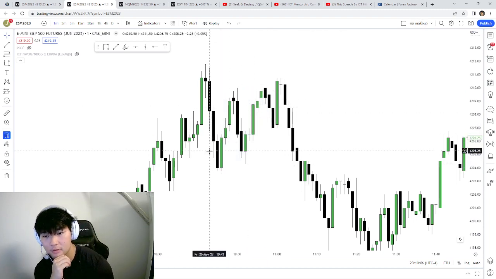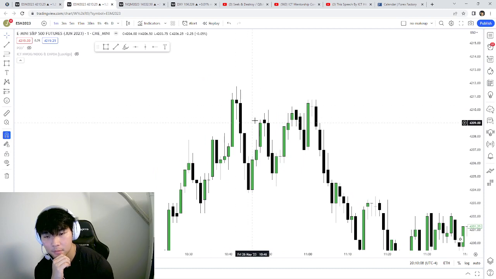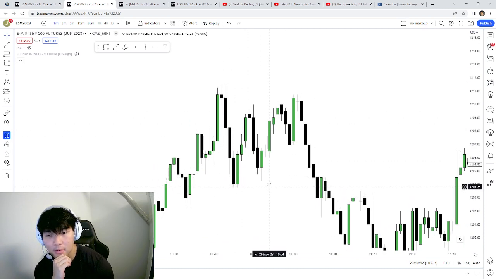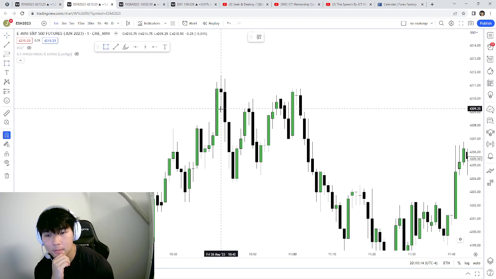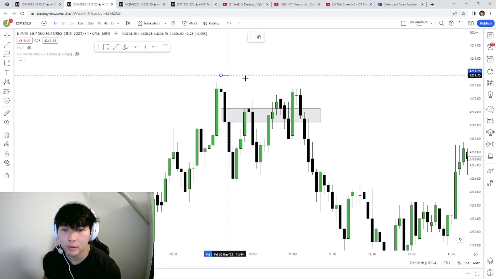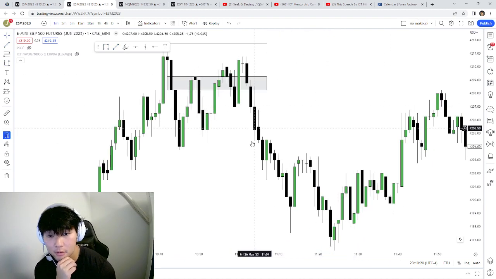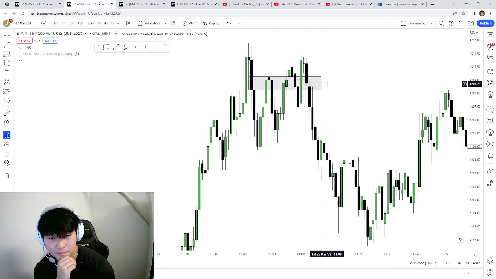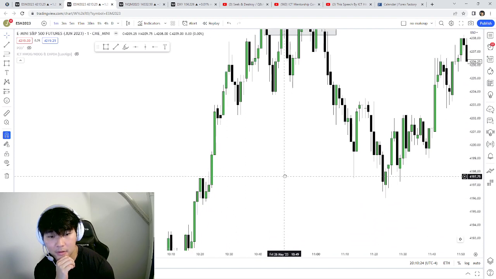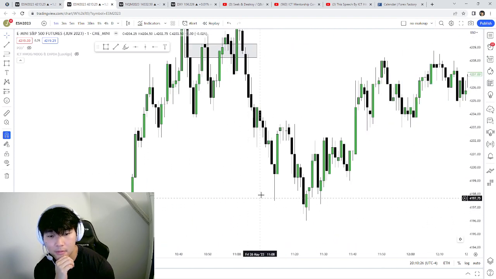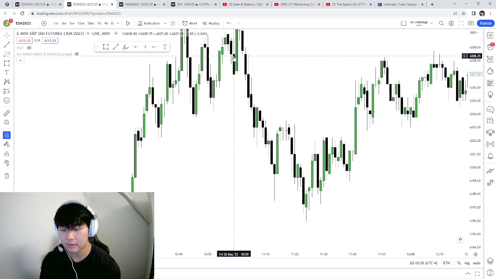But if you did take this short, because it is a valid market structure shift, taking out swing lows, inside of this fair value gap, and if you put your stop loss above the swing high, it never gets hit. So you can target these imbalances here and things like that. But that's not really what I was looking for.